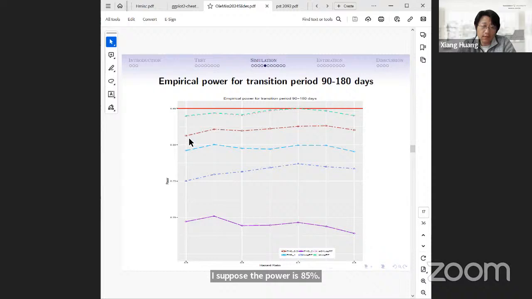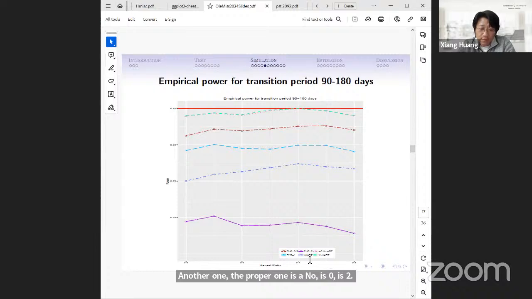And this one is the Fleming-Harrington weight with rho is 0 and gamma is 0.5. And the light blue one is the Fleming-Harrington weight with rho is 0, gamma is 1. Another one, the purple one, is rho is 0, gamma is 2.